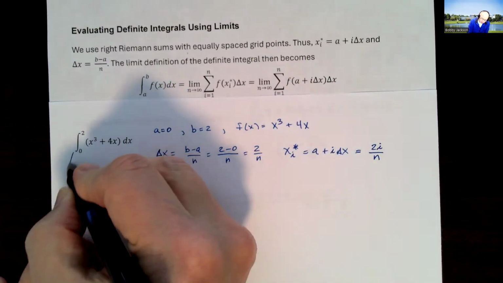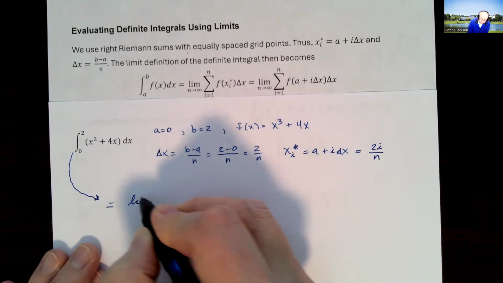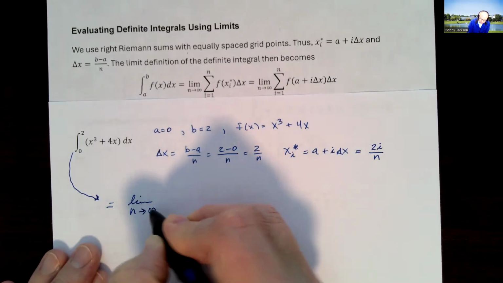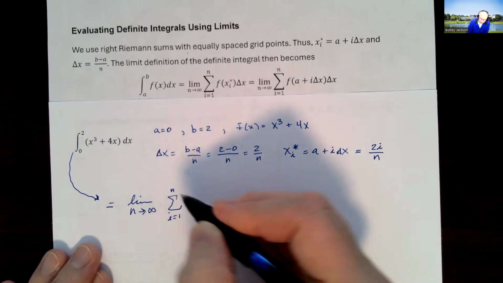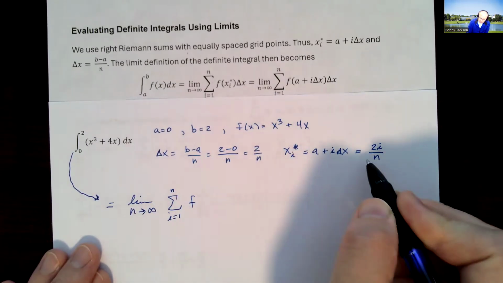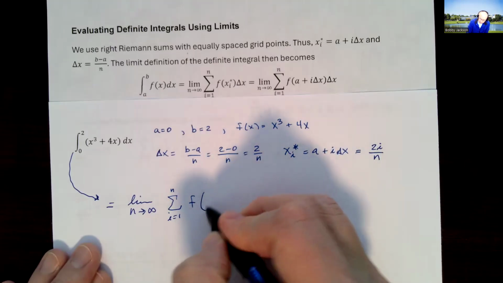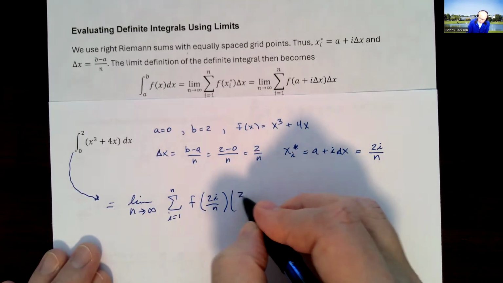So this becomes the limit as n goes to infinity, summation i equals 1 to n, f of a plus i delta x, which is 2i over n, times delta x, which is 2 over n.